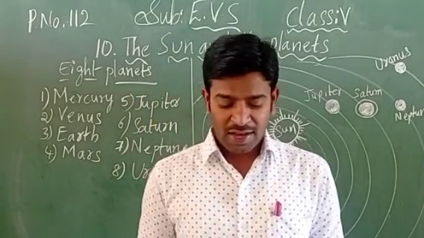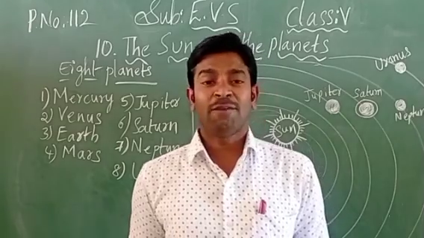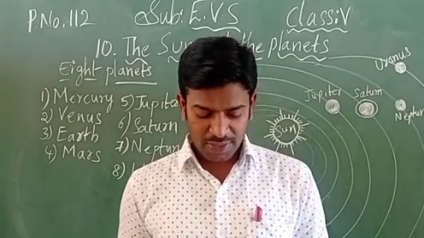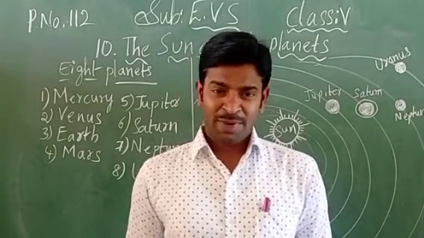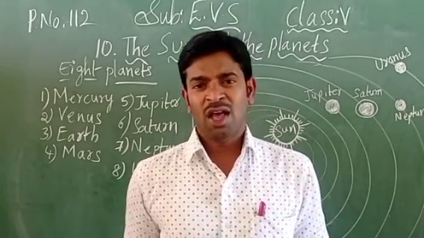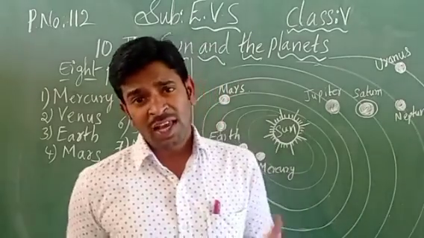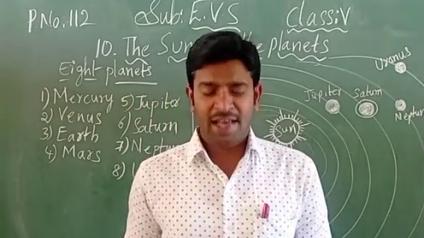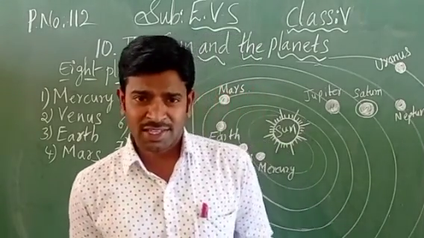In the next topic, that is 10.1, children. What is the topic? The solar system. That means whatever things you are seeing in spite of the star, the sun and the moon, what other things are you able to see? Let us read in the next topic, that is the solar system.